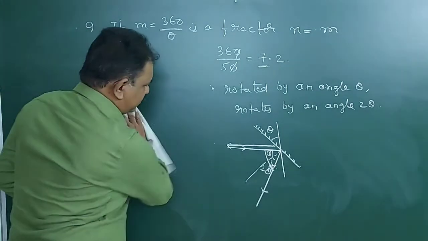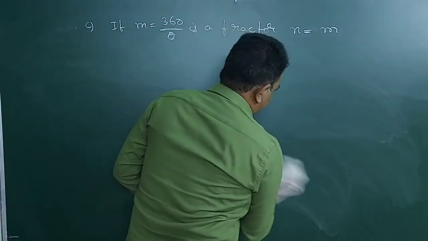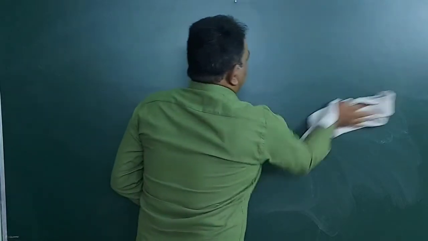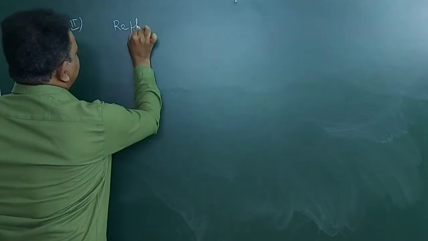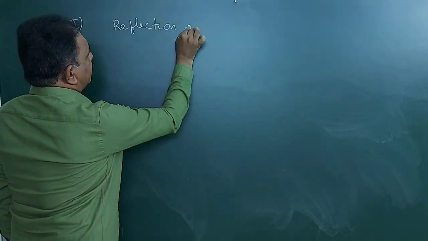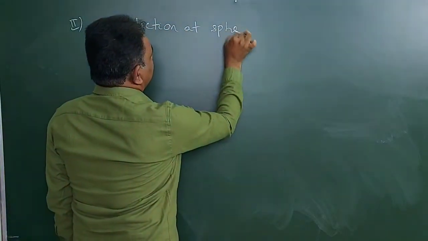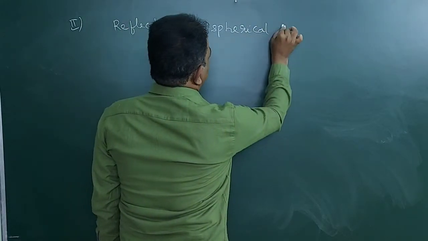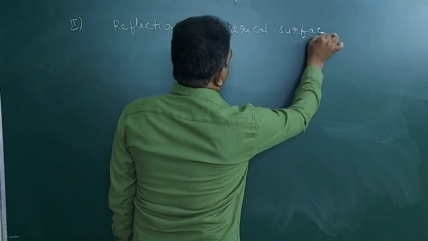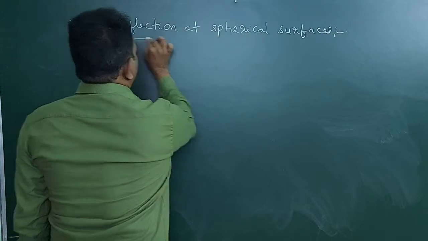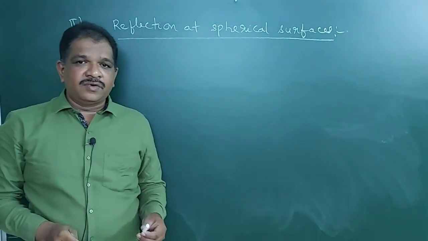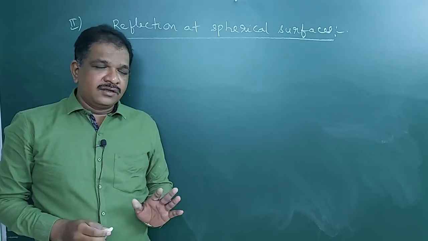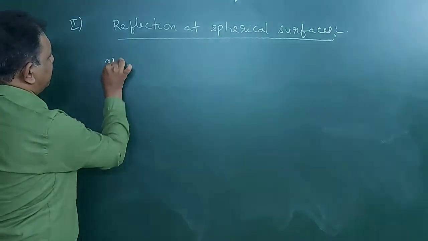Next, second one, reflection at spherical surfaces. Just two types of spherical mirrors will be there. One will be convex mirror and another one will be concave mirror. Only two formulas will be there.